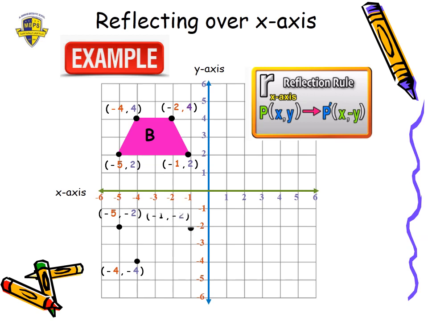The third one, minus 1, minus 2, and the last one, minus 2, minus 4. After that, you just have to link between these, drawing between these corners, and this is the reflected trapezoid.